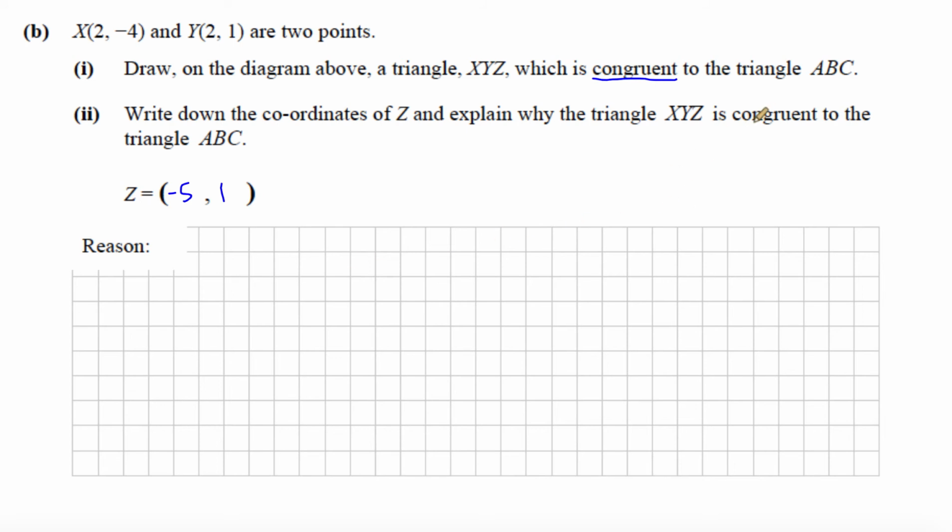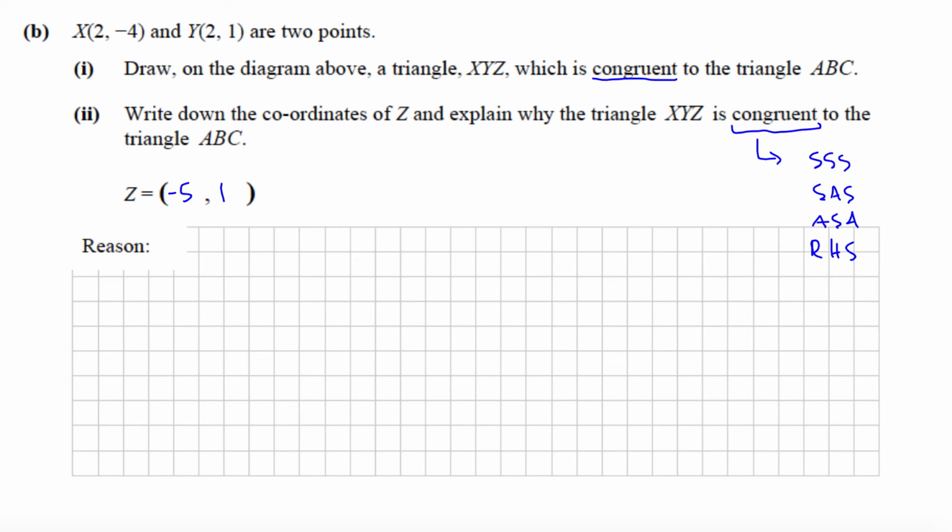Well, you can do it a number of ways. You can prove side, side, side, side, angle, side, angle, or right angle, hypotenuse and another side. That's the 4 ways to prove congruency. So I'm just going to do it the first way, side, side, side.